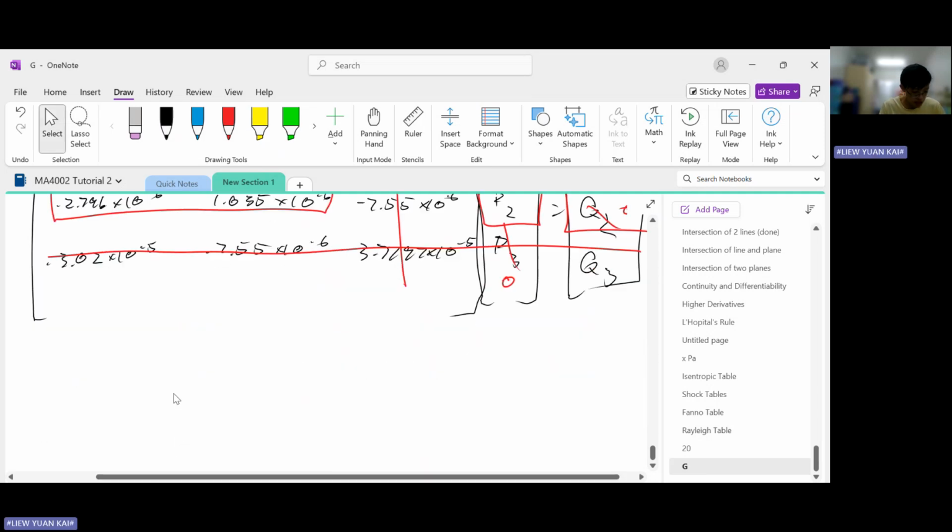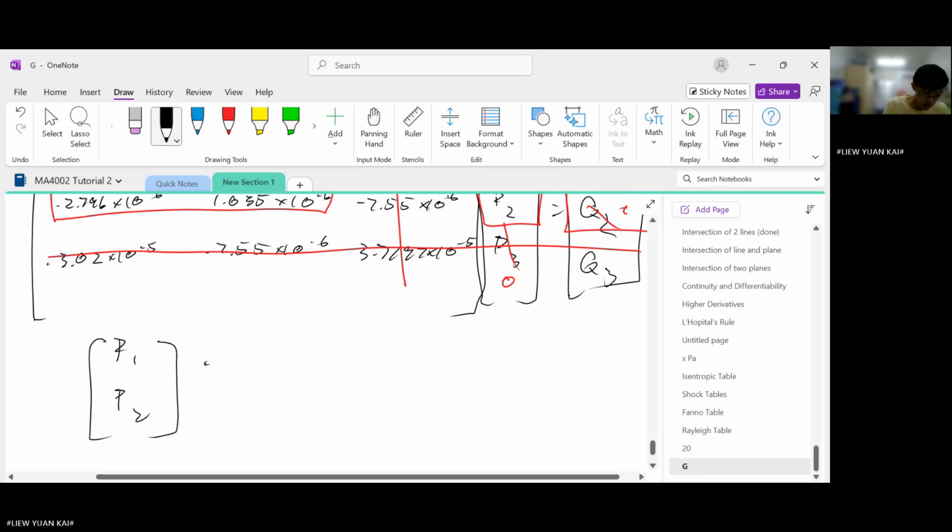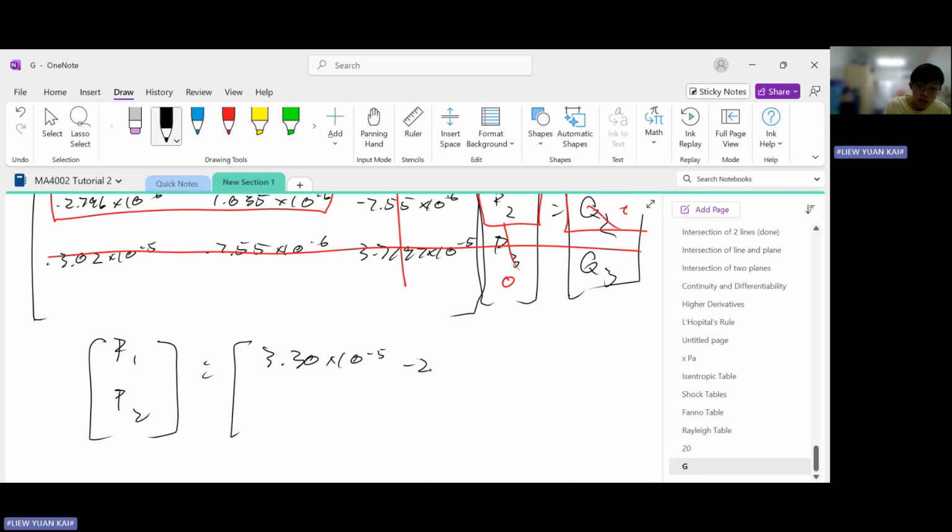So let's go ahead and write that down. P1, P2 is equal to the remaining terms: 3.30 times 10 to the minus 5 minus 2.796.